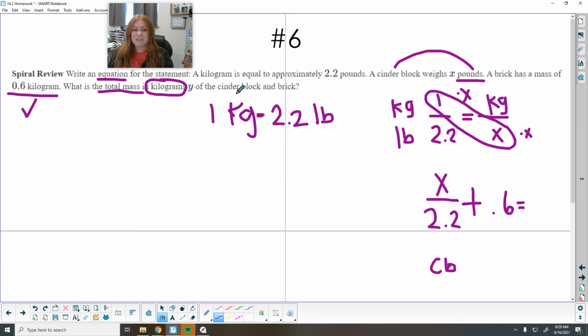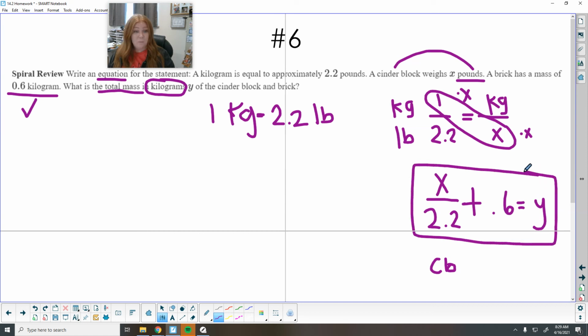And it says that's going to equal the total of Y. So once we know X, how many pounds the cinder block is, we could divide that by 2.2 because that's what our proportion told us to do. Add on the brick, and that would tell us the total.